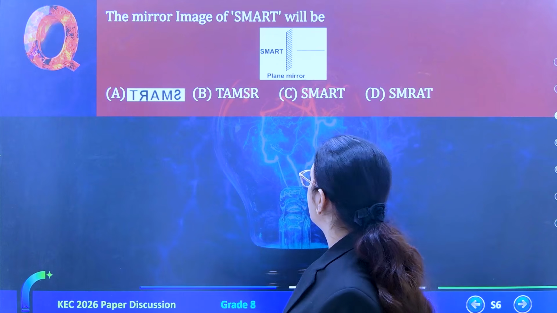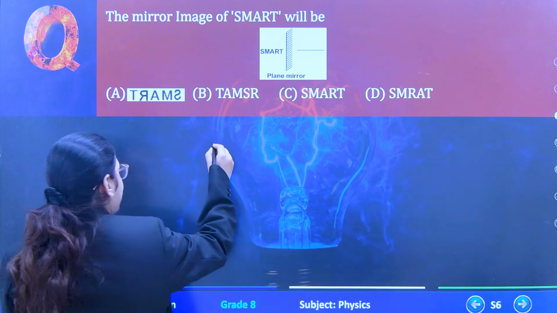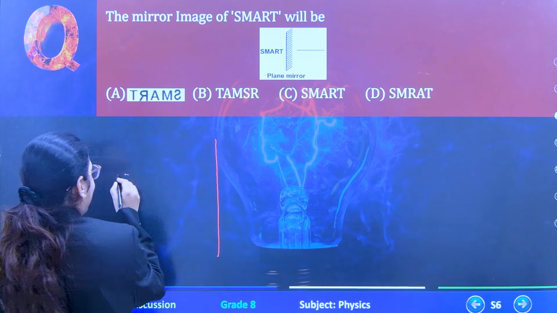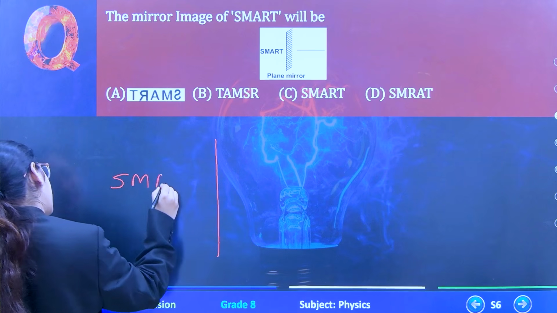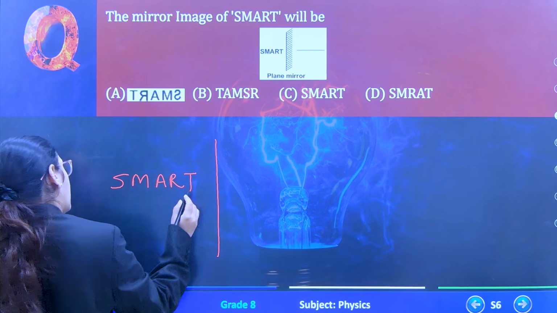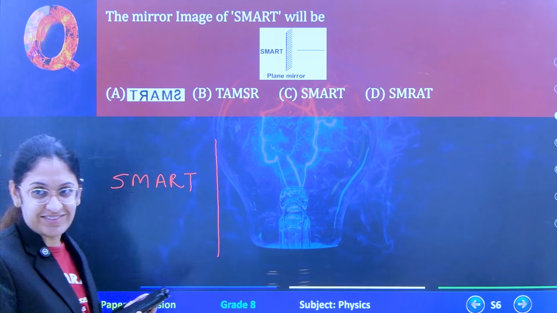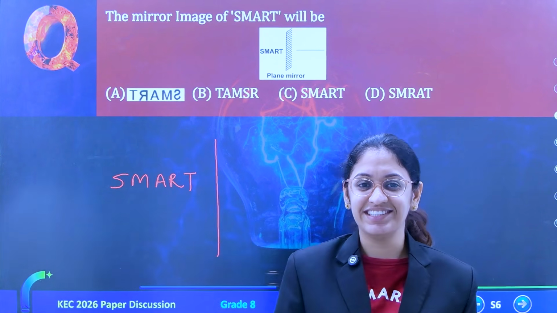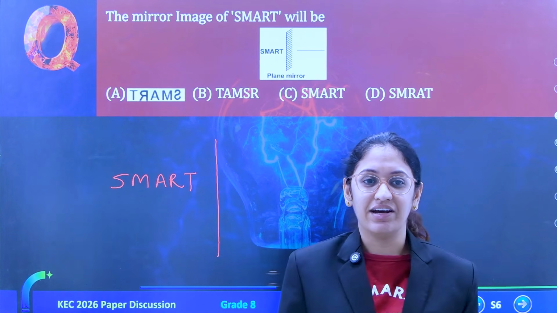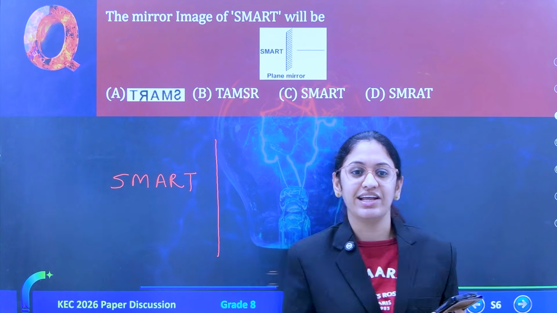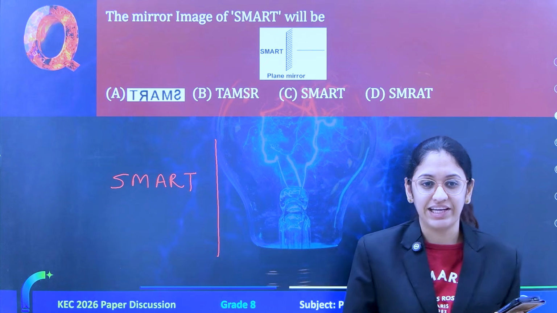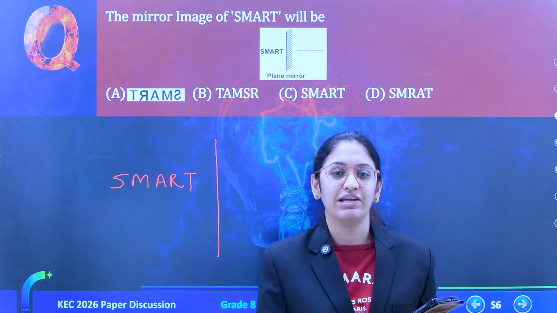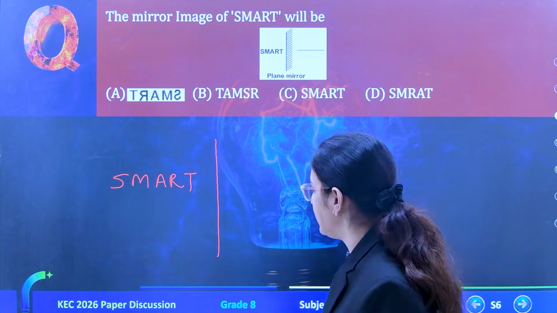Mirror image of SMART. Object distance and image distance are always equal.